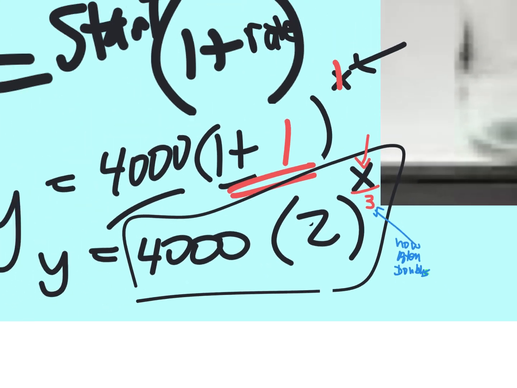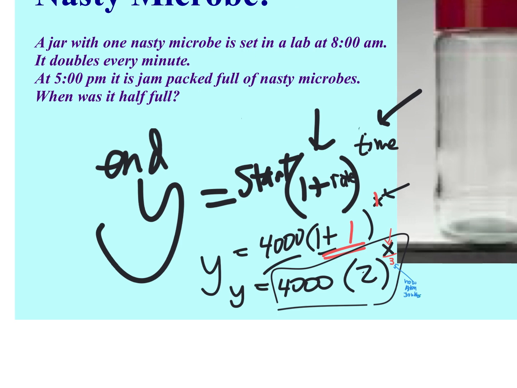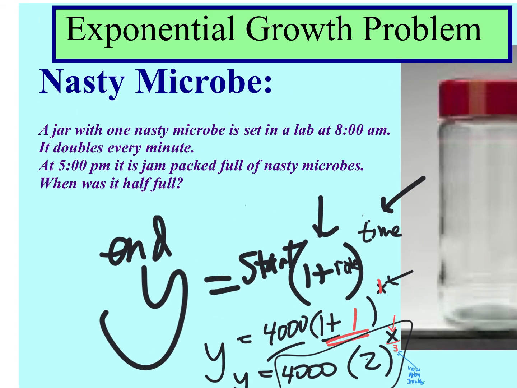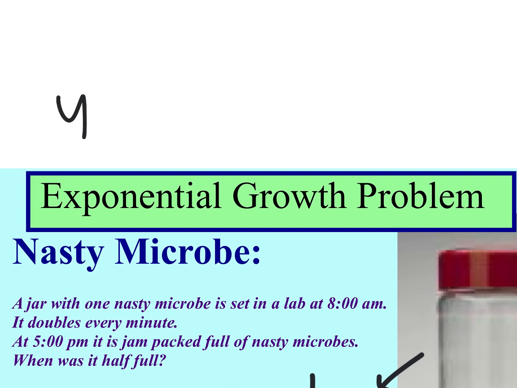How about we go to the problem that's actually on the board that we started with, this one. We got 1 nasty microbe, so we have a start value of 1. I want to leave my notes on the screen though, so I'm going to go above the problem. 1 nasty microbe, y equals starting value of 1. Is it growing? Yes, it doubles.